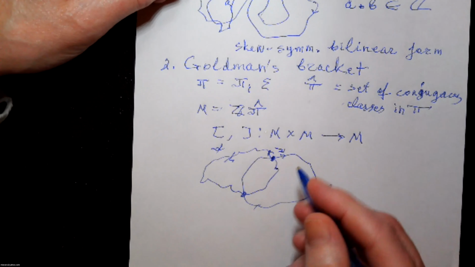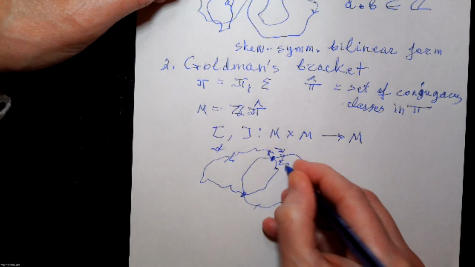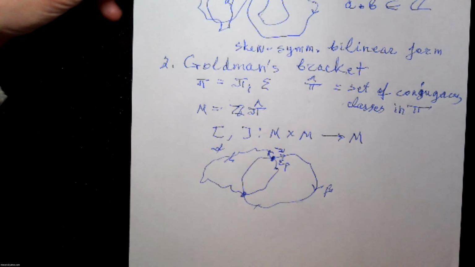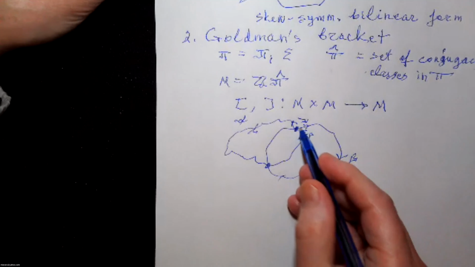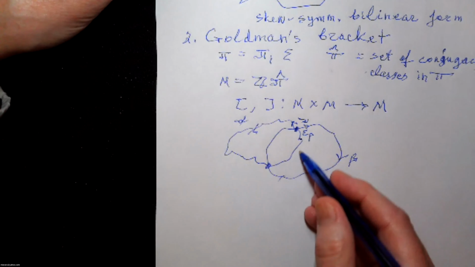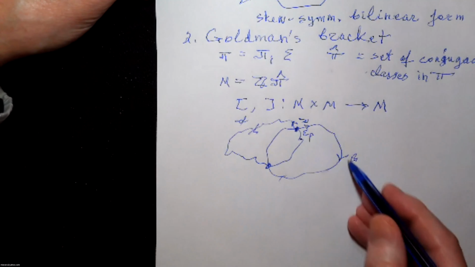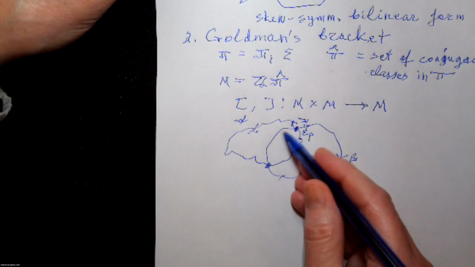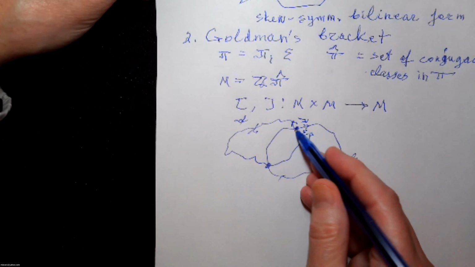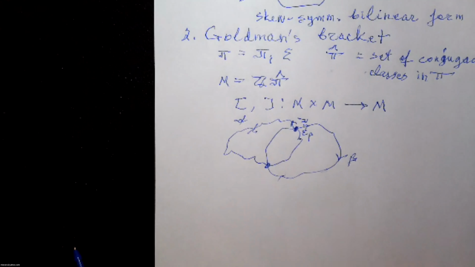So we get a sign at this point, let it be P. But also we have a loop. Namely, we start at this point and first go along alpha until coming back, and then go along beta until coming back. It gives you a loop based at P. And that is for all intersection points.